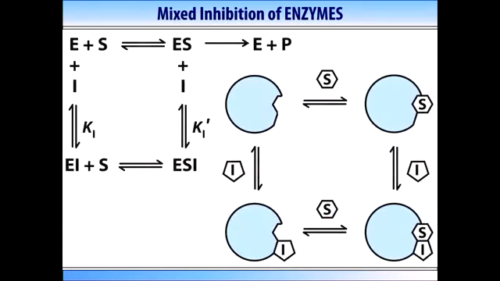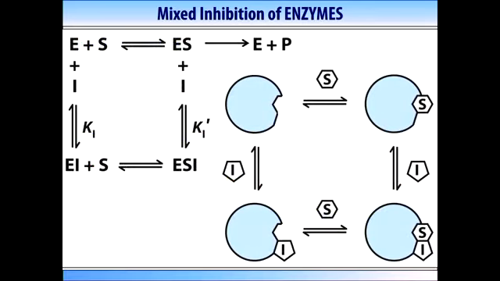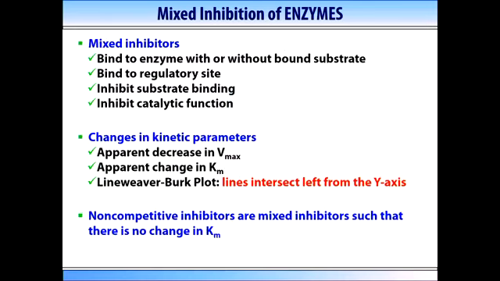Okay, and of course, there are mixed types of inhibitors which can basically combine the two features of the two types that we talked about. So the mixed inhibitors bind to the enzyme with or without the bound substrate.